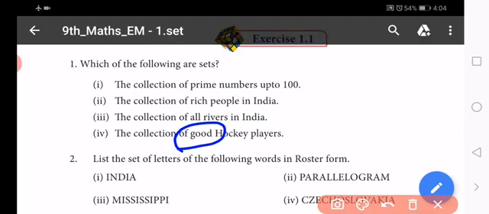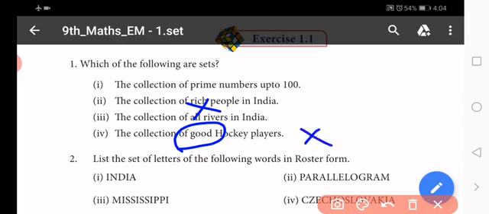The objects are not well defined. We know so many hockey players, but what is meant by good hockey players? It has no clear meaning. So the word good is meaningless, and the collection of good hockey players is not a set.